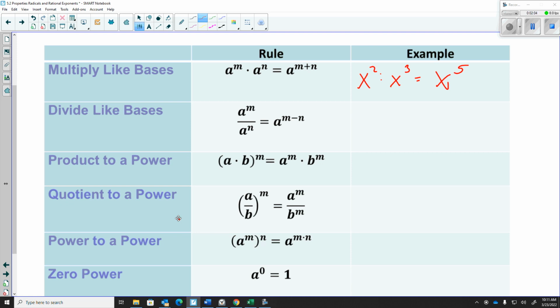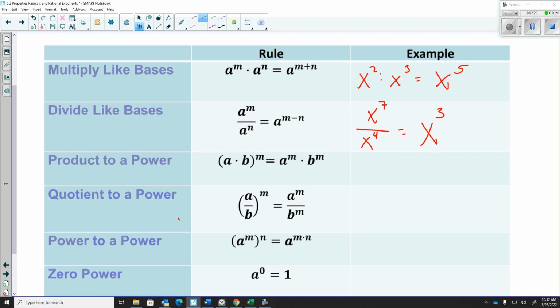Or if you're dividing them, say you have x to the seventh divided by x to the fourth, you subtract those numbers. So when you multiply them, you add. When you divide them, you subtract.